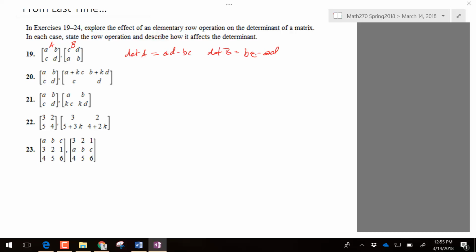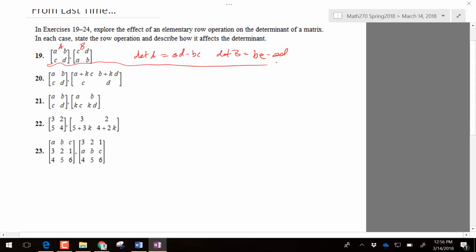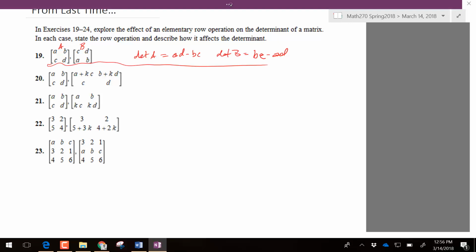What is the difference between the two matrices? Is it transpose? The rows, there was a row switch, right? There's a row switch. So that's interesting, and let's move on.